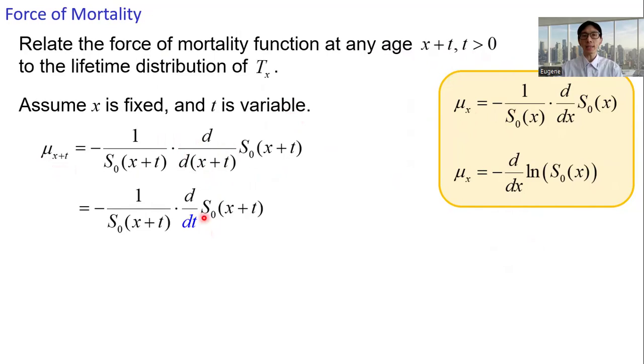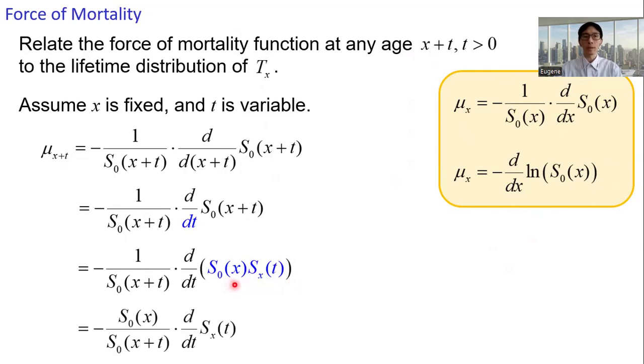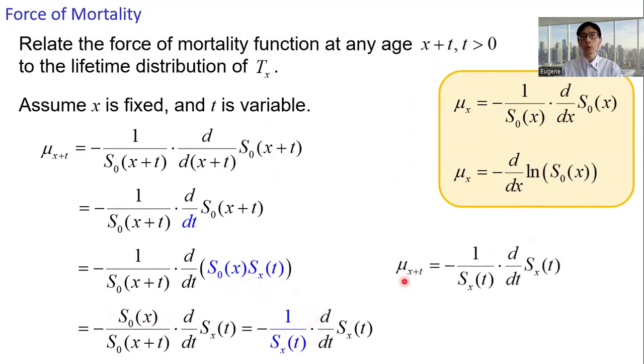And then we factor S0 of x plus t into the product of S0 of x times Sx of t. Factor out the S0 of x. And then the expression in the first term, this fraction, is simply 1 over Sx of t. So we get the relationship between mu x plus t and Sx of t.